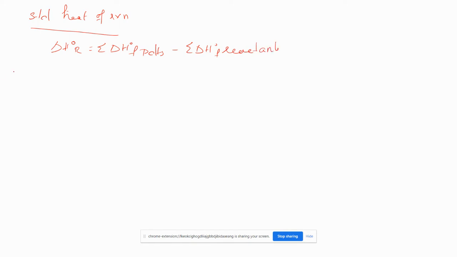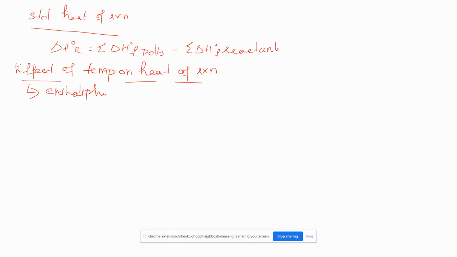Now, today we are going to study the effect of temperature on heat of reaction, and this is an important derivation. The standard heat of reaction is the enthalpy change associated with the reaction, and the conditions applicable for this standard are 298 Kelvin and 0.1 megapascal pressure, the normal standard atmospheric pressure.